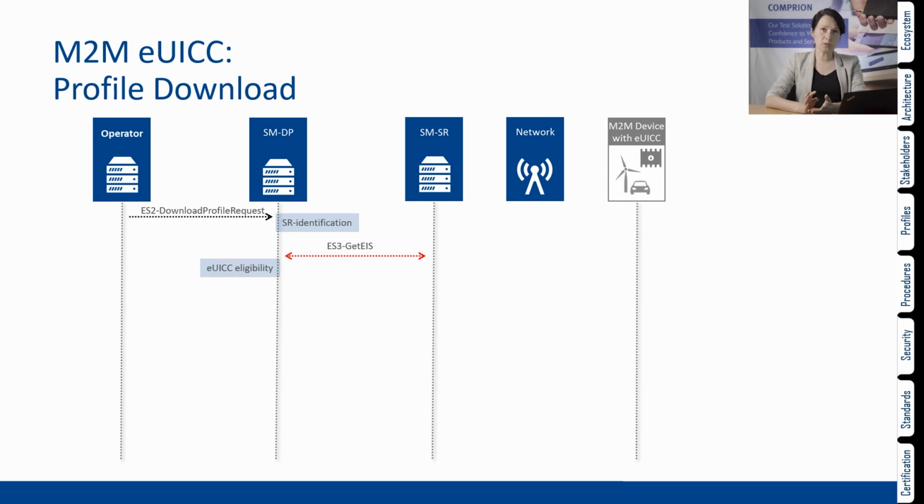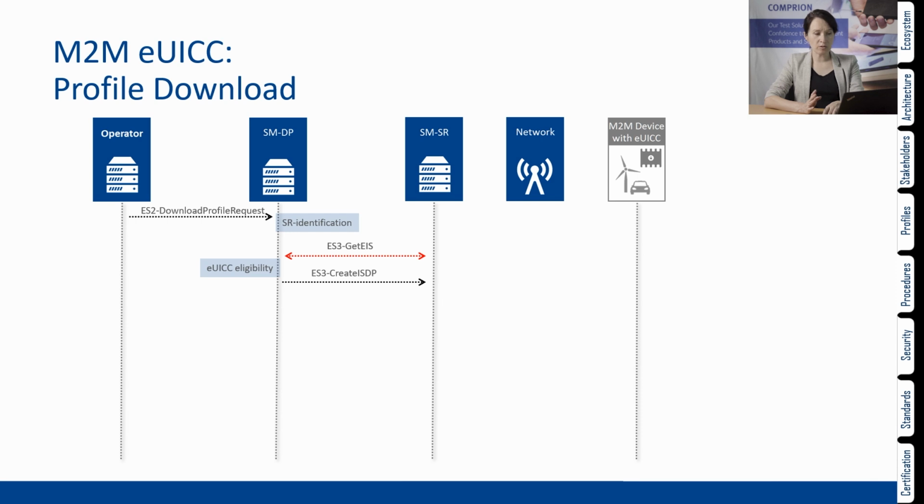As soon as the SM-DP receives the eUICC information set, the eUICC eligibility check will be performed. It will check, for example, the profile size compared to the memory of the eUICC. This is related to the SM-DP, and the procedures included there.